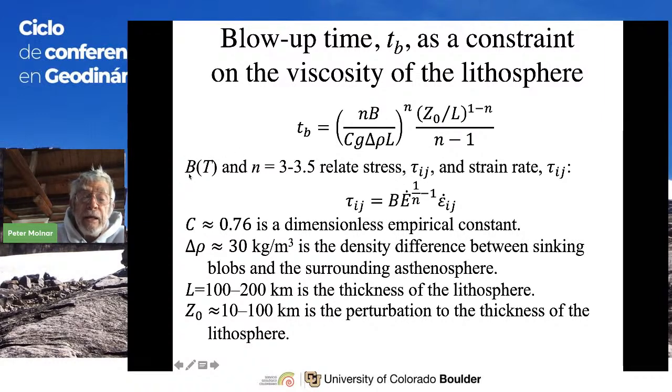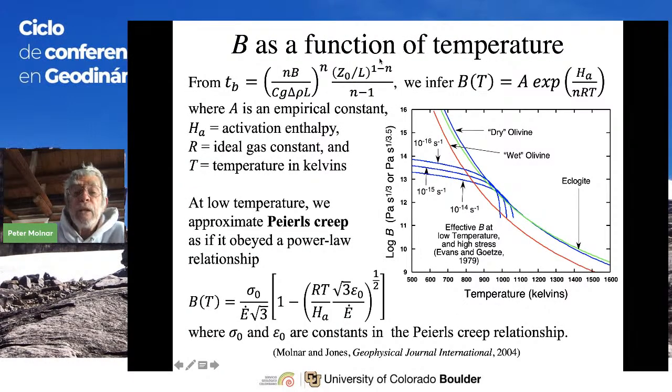So if we knew this and we knew all of this, we could predict that time, but we can turn this around. As I said, we've estimated C from numerical calculations. So I'm going to put some numbers in for these various parameters. And this is the target. We're actually going to turn this around, use a geologic estimate of that to estimate B. And so this is that same formula.